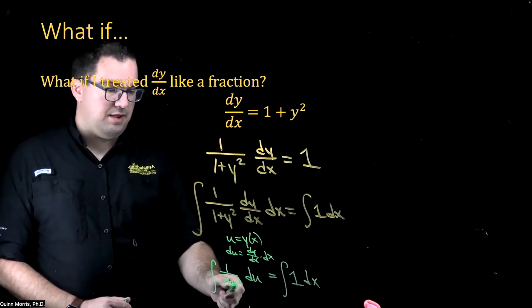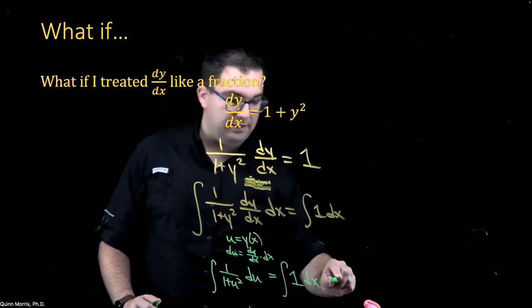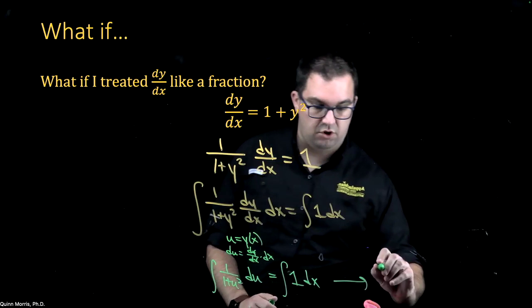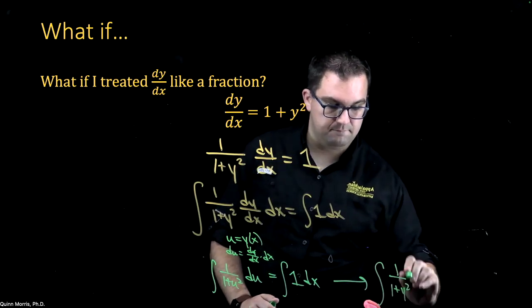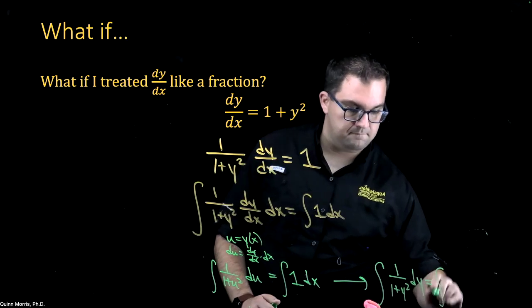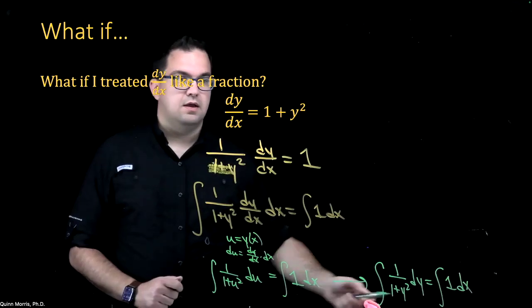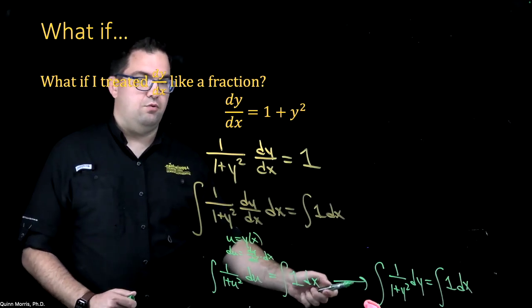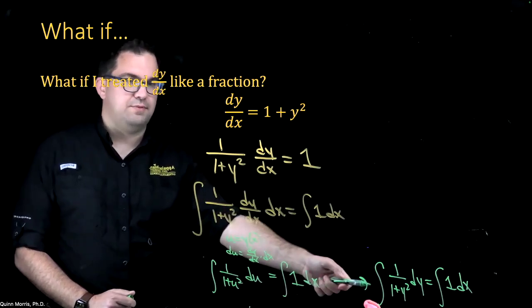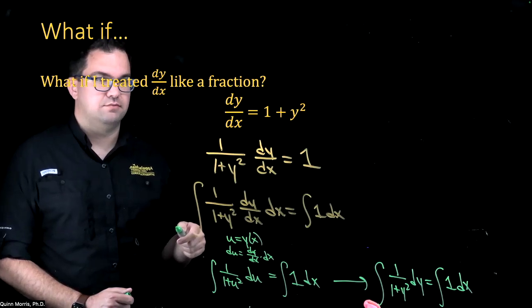But if you remember, my u is really equal to y here. So if I just rewrote this, I could just call u y instead. And so I still end up here, the same place as if I had treated dy dx like a fraction, okay?